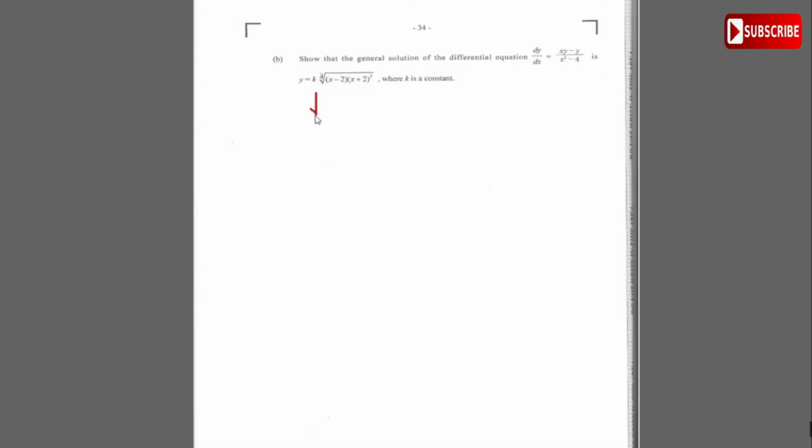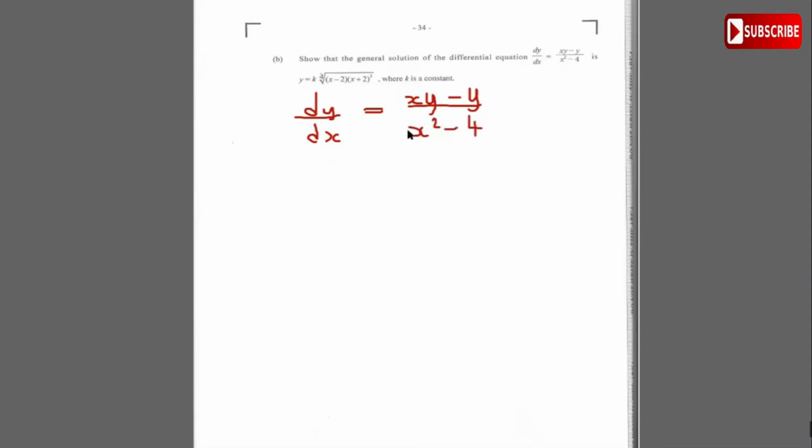We have dy by dx, and dy by dx is going to be equal to x times y minus y over x squared minus 4. This is dy by dx.